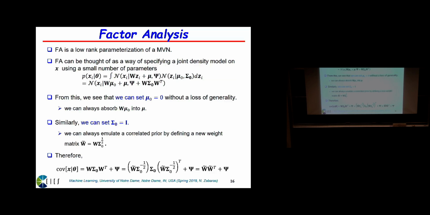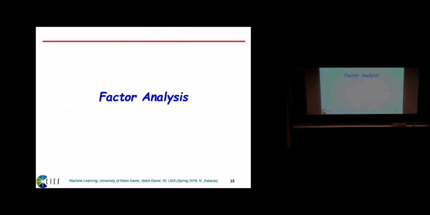So effectively, taking that mu0 is equal to 0 and sigma 0 equal to I is really the general case, because every other case can be actually written in the same form for the distribution P of x. So if I redefine basically the parameters, I can get the same results as I get in the case of mu0 equal to 0 and sigma 0 equal to I.